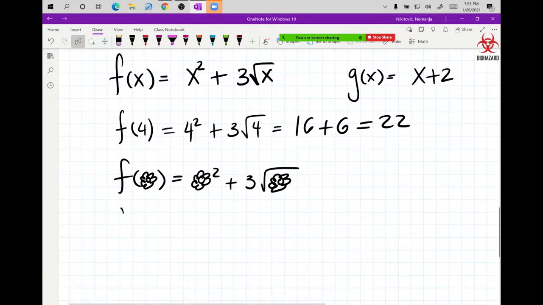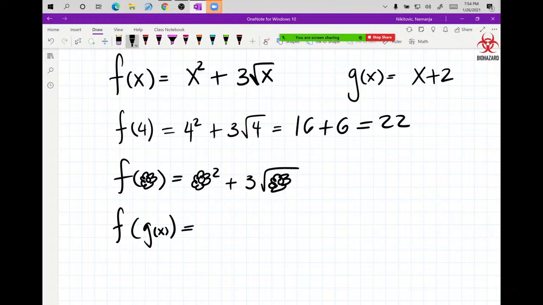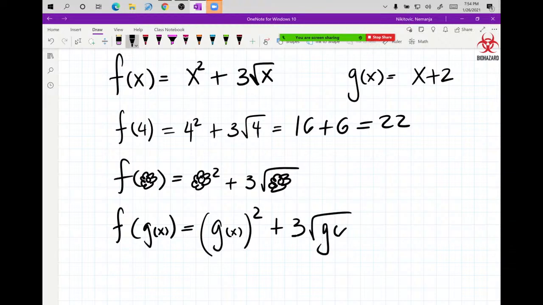So, what if I just say this? What should I write? You'd be replacing x with g of x. Perfect. That's all it is. And can I now plug in what g actually is?